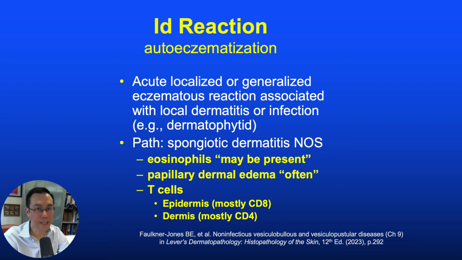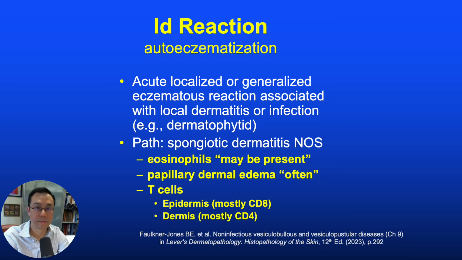Yet again, we dermatopathologists are smart, observant, and caring individuals, so we try. And so it has been said that in id reactions, eosinophils may be present. Papillary dermal edema is often present. And the T cells in the epidermis are said to be mostly CD8 positive, whereas those in the dermis mostly express CD4.